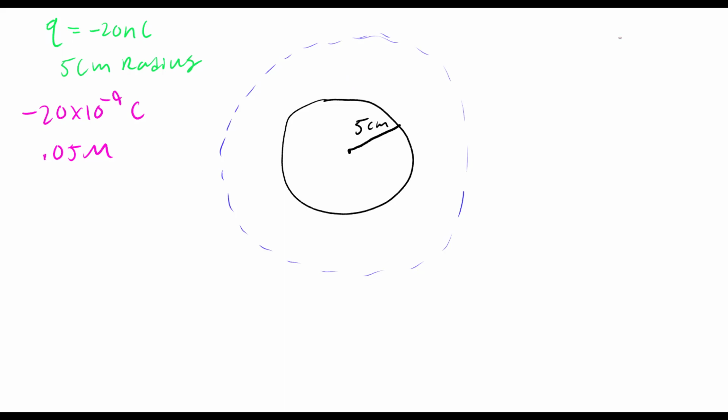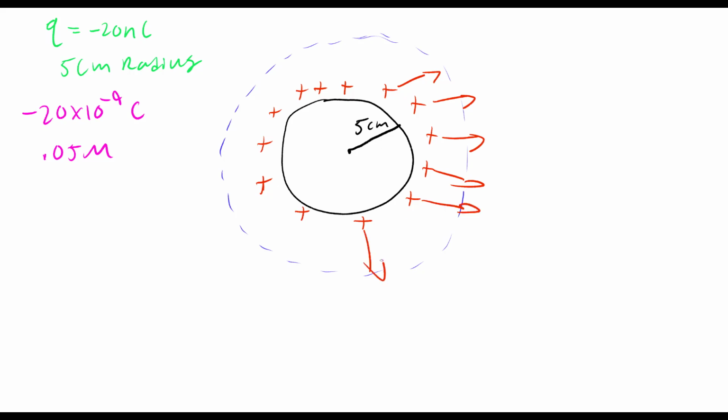And what does that mean for us? A conducting sphere means that we're going to have our charges outside, right? So we have our charges outside, and notice that these charges are going to radiate their electric field lines, and these actually radiate outside of our sphere, or Gaussian sphere.